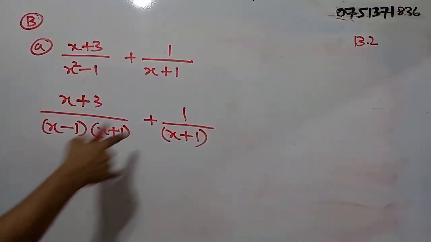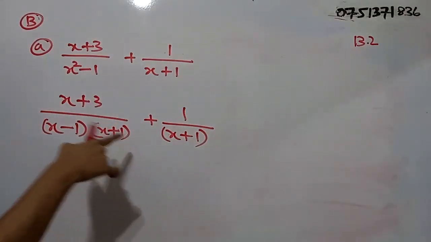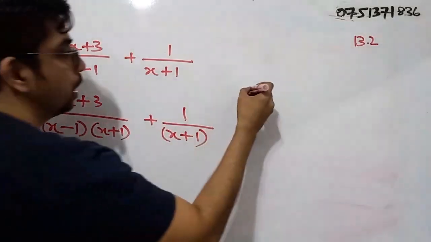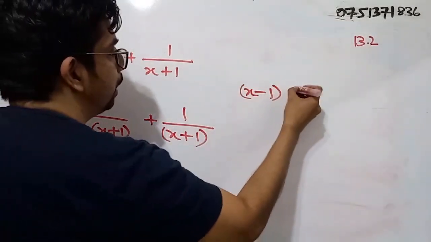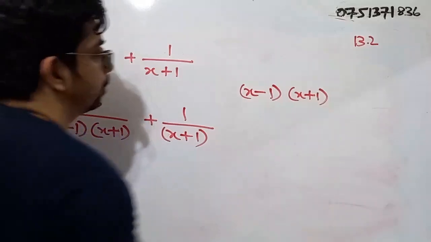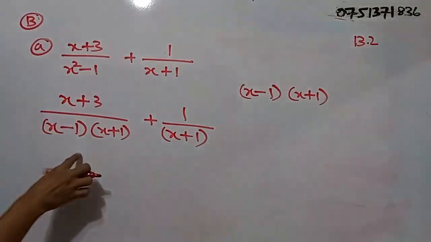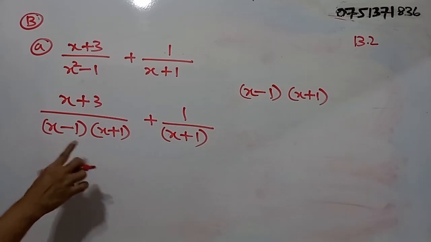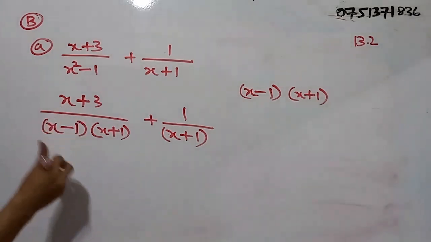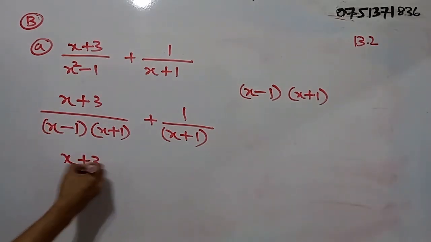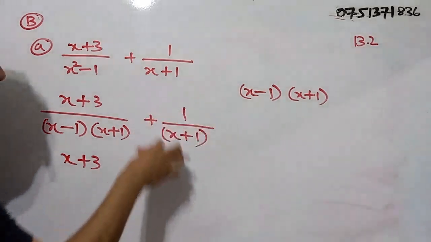Now thinking about this step, what should be the LCM? It should be (x minus 1)(x plus 1), right? So if we take the first fraction, we don't have to make any changes. We can simply write it as it is, x plus 3. What about this one?